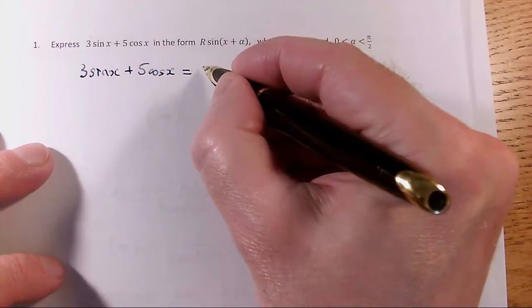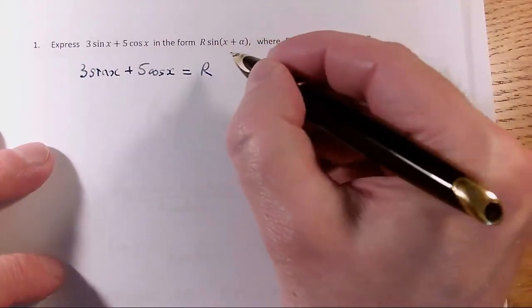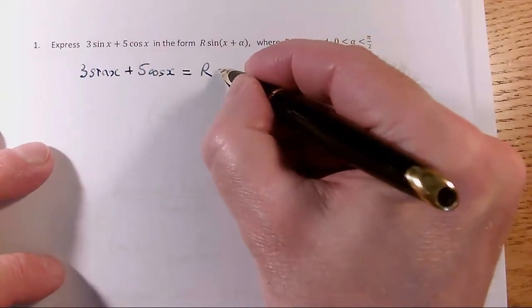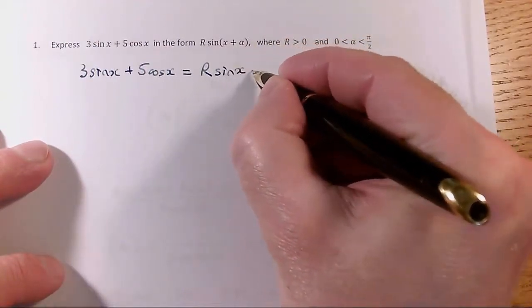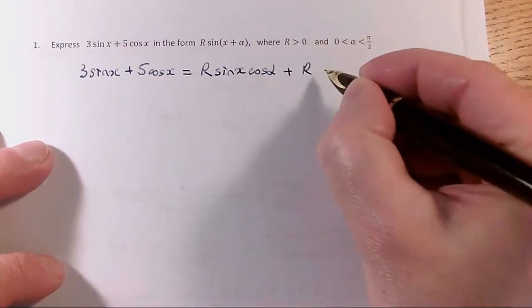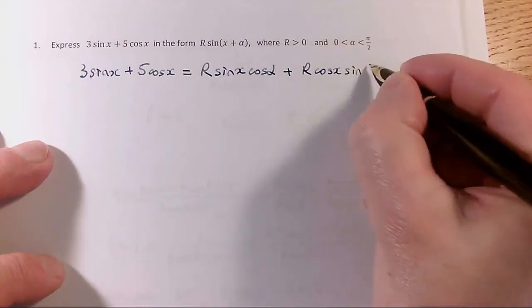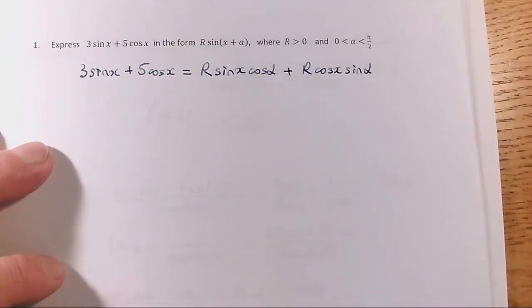So I've got an r in each term, and sine of a plus b is sine a cos b plus cos a sine b. So it's r times sine of x times cos of alpha, and the other term is also going to have an r because I'm multiplying through by that, and it's going to be cos of x times sine of alpha.